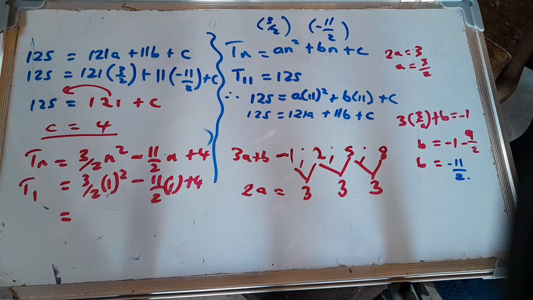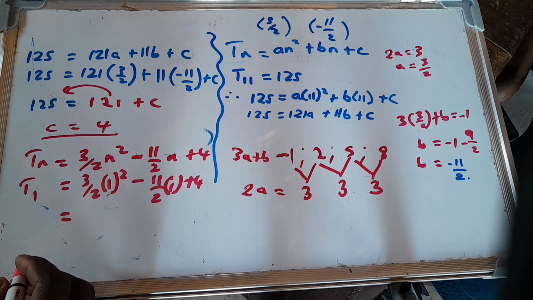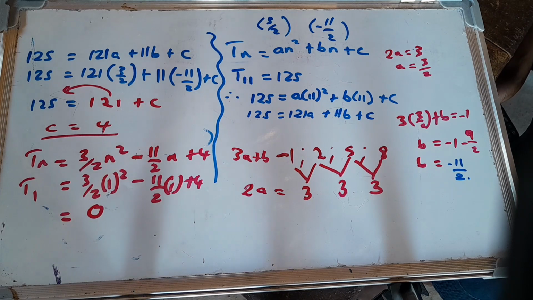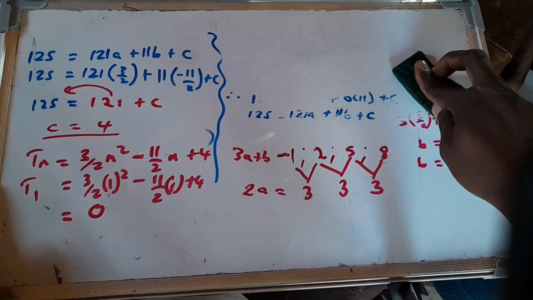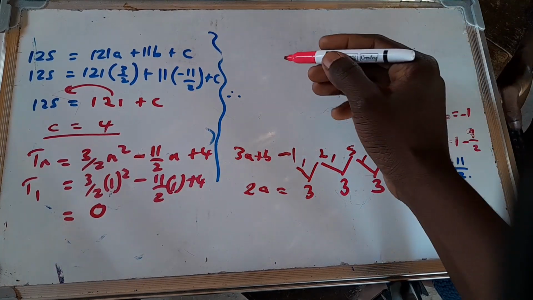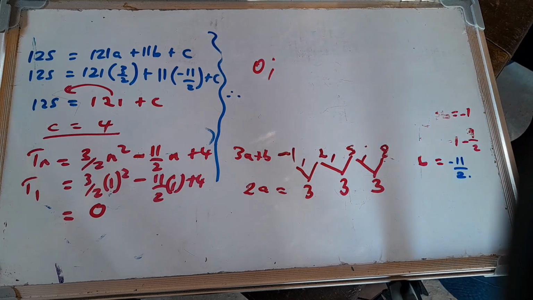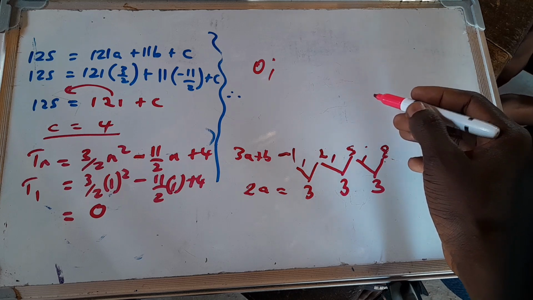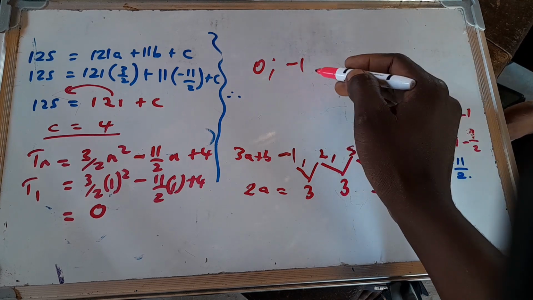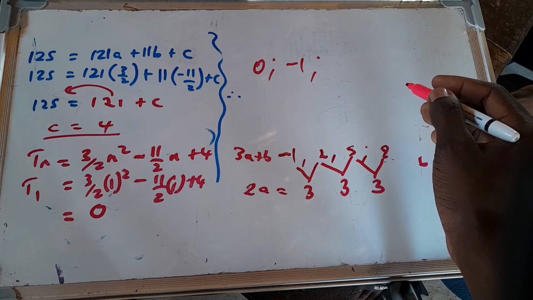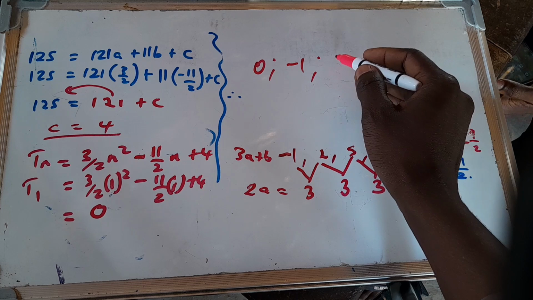What do we get? 0. So if our first term is 0, our whole sequence is like this: 0, then if we substitute 2, we get negative 1, then 1, and so on.